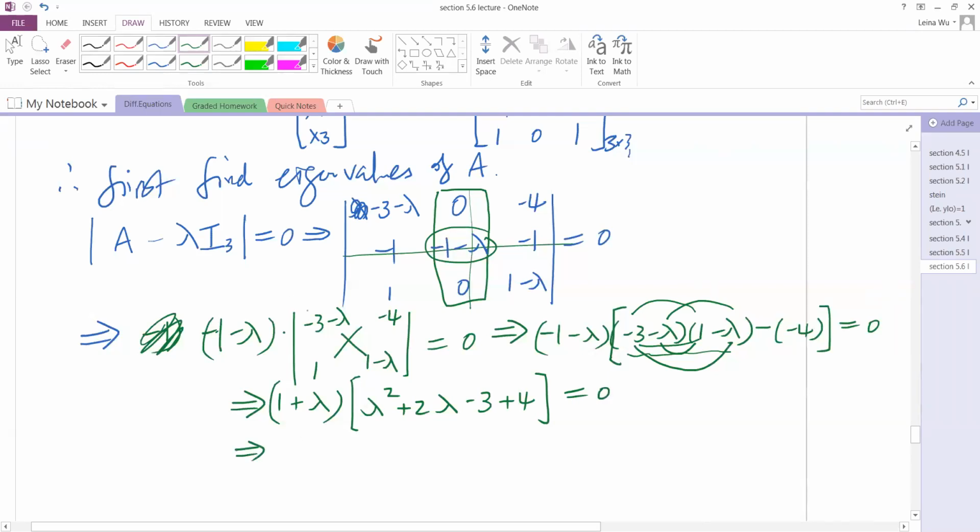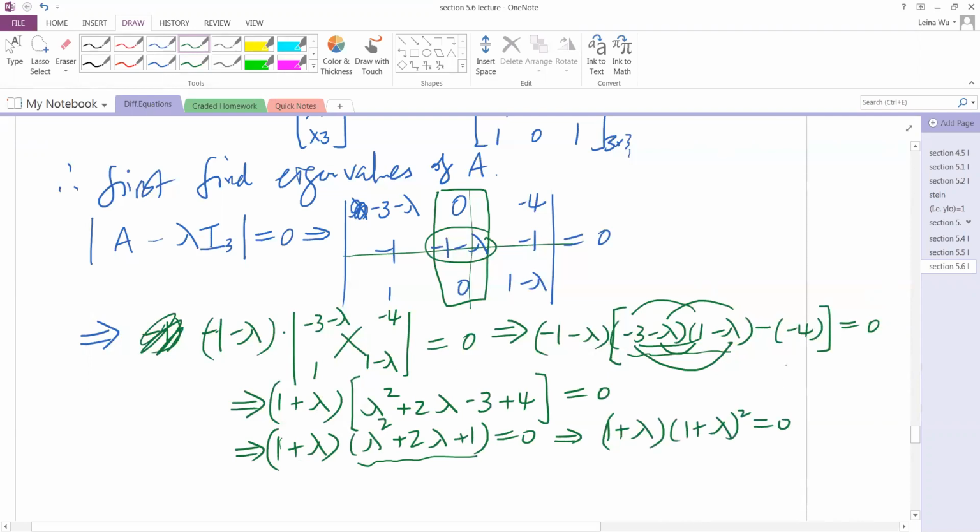Good so far? So we end up with 1 plus lambda times lambda squared plus 2 lambda plus 1, which you know is a perfect square. That is 1 plus lambda times 1 plus lambda squared equals 0, right?